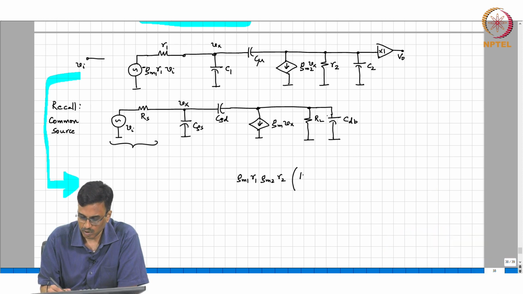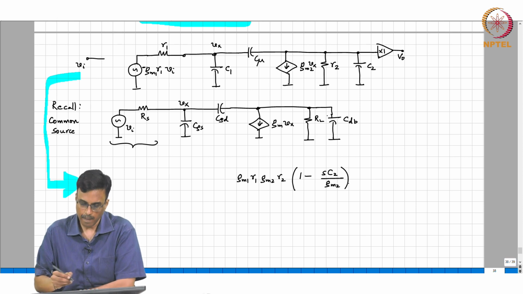GM2. So, this is going to be 1 minus S C2 over GM2, okay.